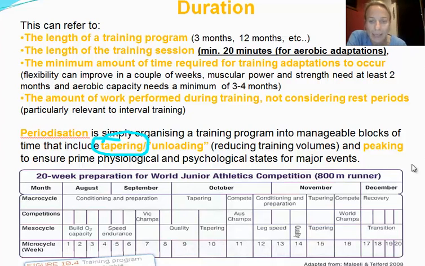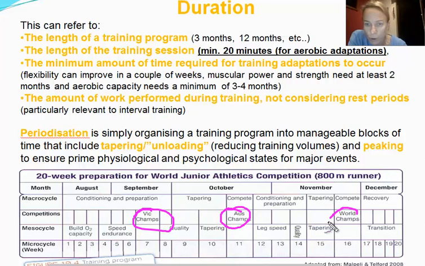So if you have a look at this table, this shows about a 6-month schedule of training, and it's all based around competition. So the competitions here: Australian Championships, Vic Champs, World Champs. Obviously these latter two are more important. The tapering is what we're looking at.